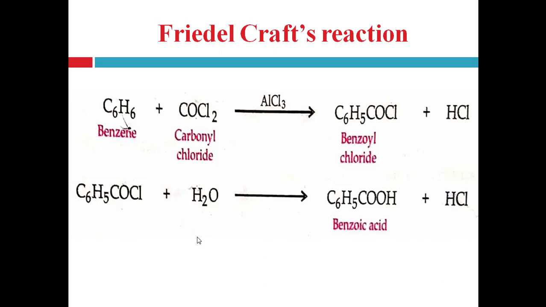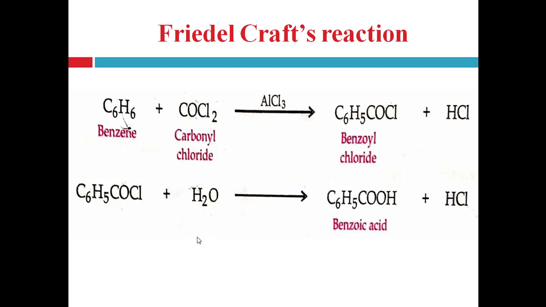C double bond O, directly attached to two chlorine atoms, right? So one C-Cl bond is broken, the electrons of the bond move onto the chlorine, which is removed in the form of Cl minus, chloride, right? And the carbonyl carbon acquires a positive charge and stays attached to one chlorine atom, that is positively charged COCl.